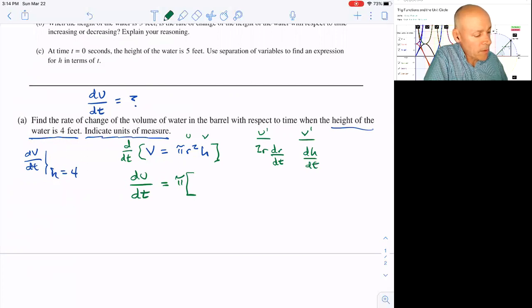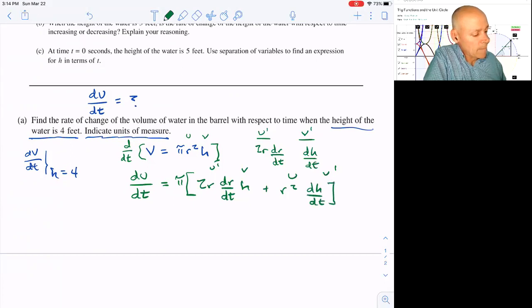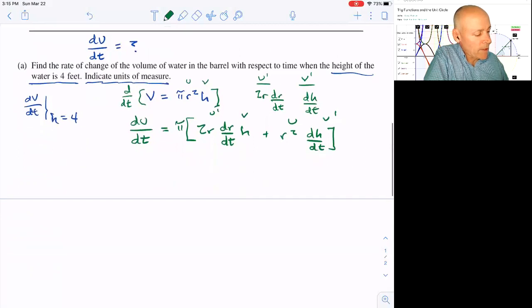So the product rule tells me it's going to be u prime, 2r dr/dt, times v, h, plus u v prime. u is r squared, v prime is dh/dt. So now I have an equation that gives me dV/dt in terms of r, dr/dt, h, and dh/dt.